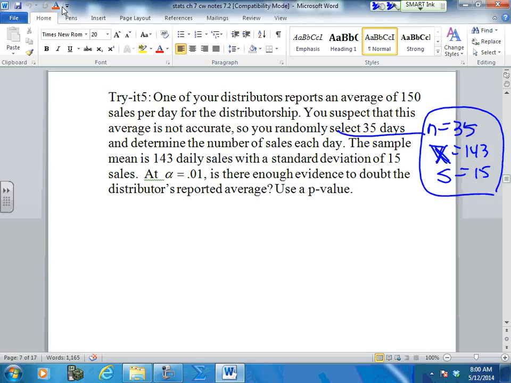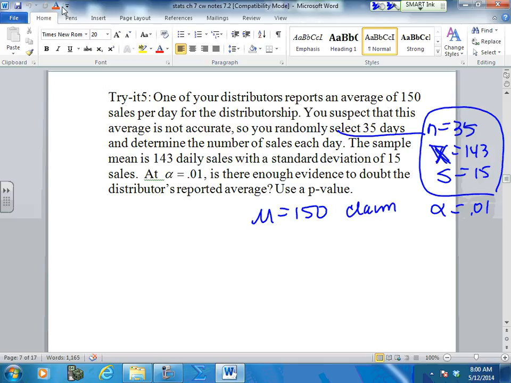So none of this information can be used in your claim. Your level of significance is 0.01. Is there enough evidence to doubt the distributor's reported average? You're challenging this average. What was his average? 150. There is the claim. This is the claim.